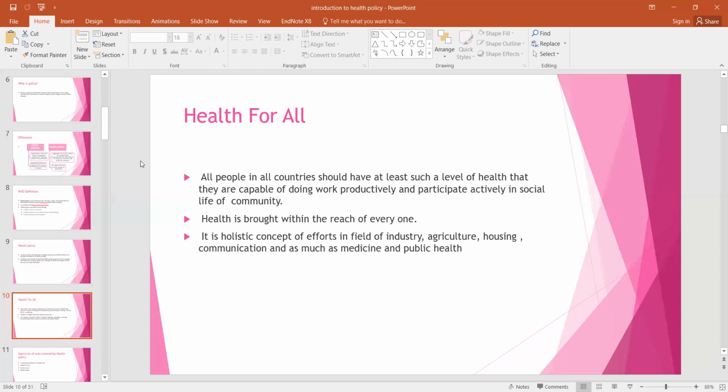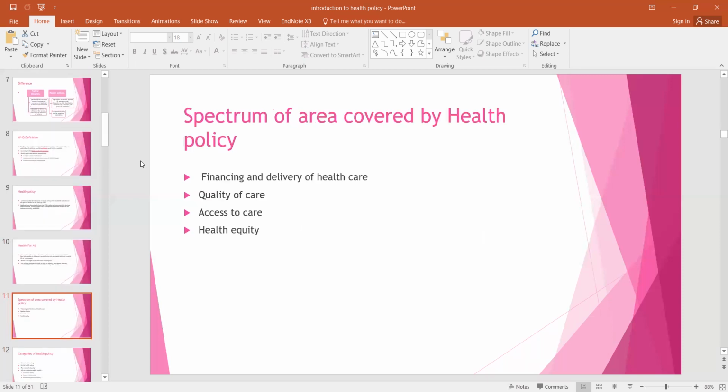Basically, health for all is a holistic concept in which there is a contribution of different fields like industry, agriculture, housing, communication, and as much as medicine and public health. Spectrum of areas which are covered by health policies are financing and delivery of health care, quality of care, access to care, and health equity.